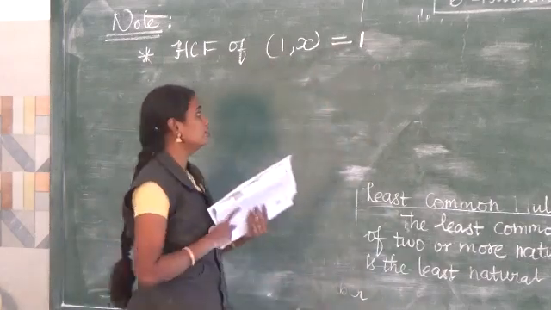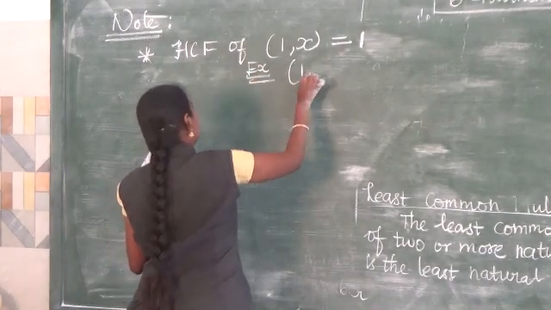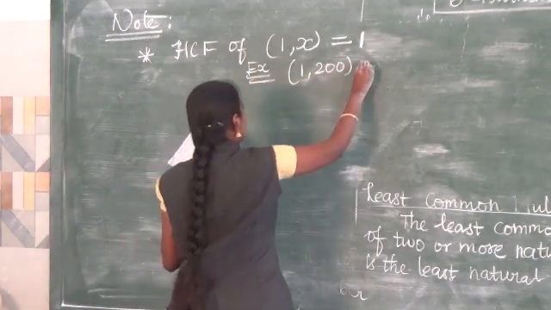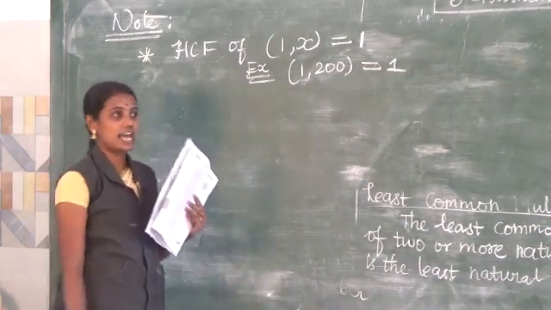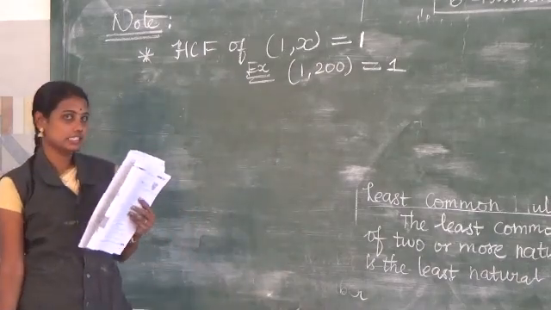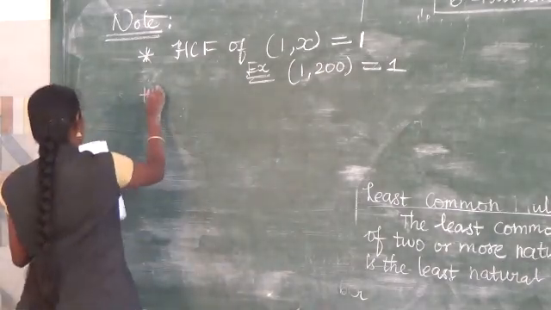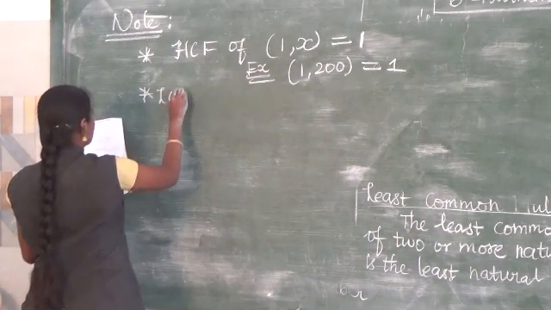This is a clue for you. For example, 1 and 200, the answer will be 1. You can check that, because HCF means highest common factor.